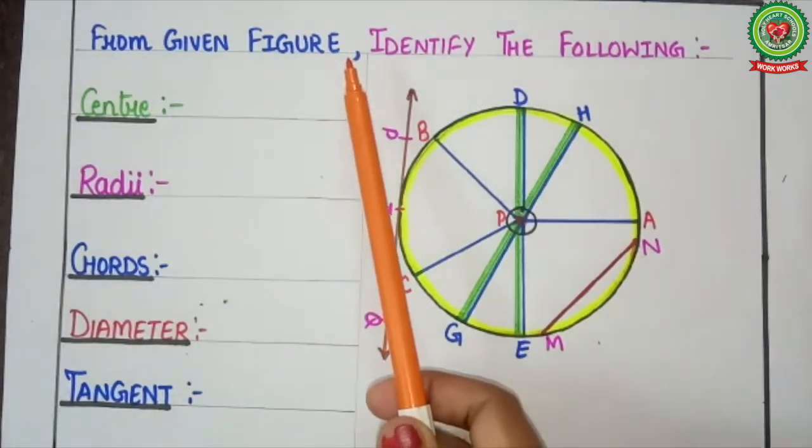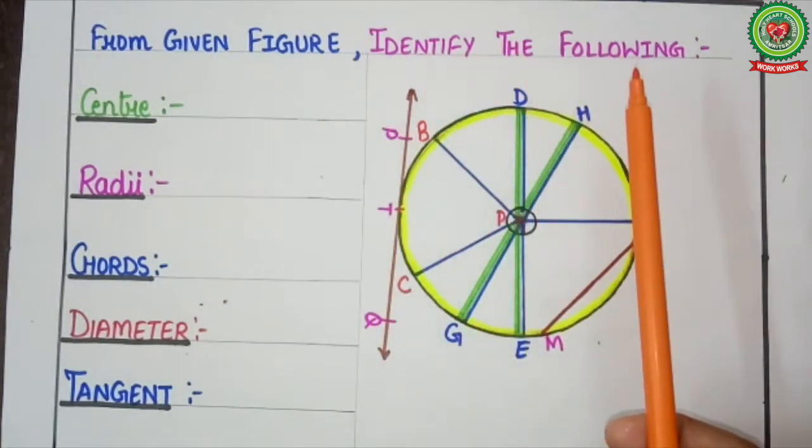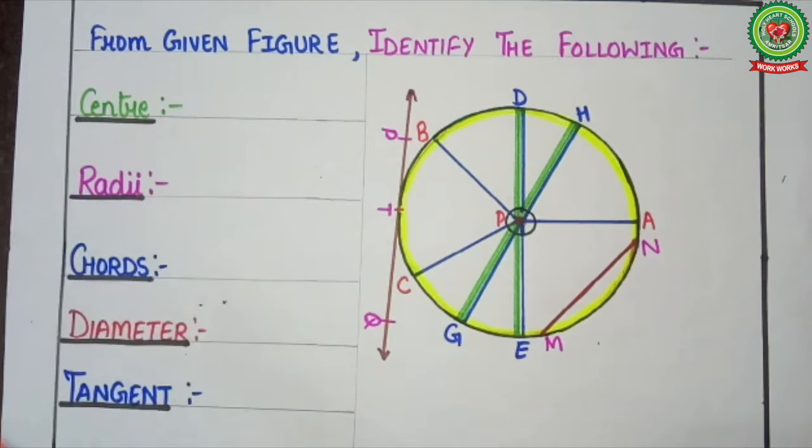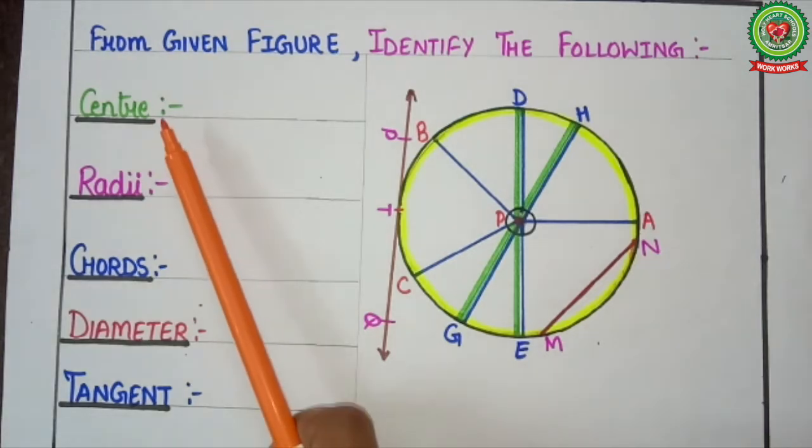From given figure, identify the following. This figure is given. First of all, we have to identify center. Center means fixed point. So here, fixed point from which distance of each point is same, that is center.